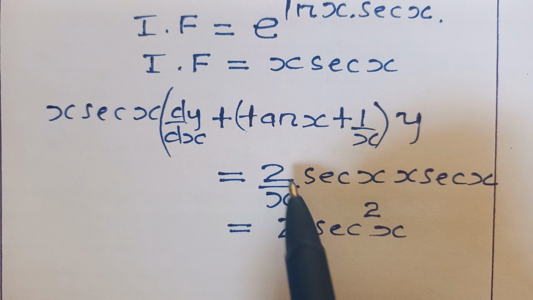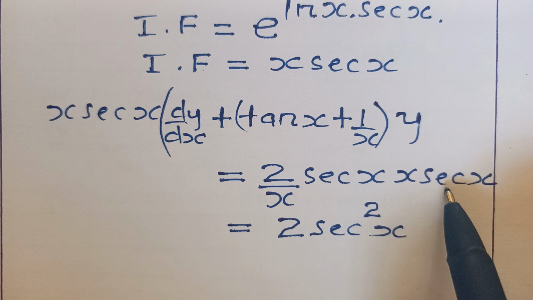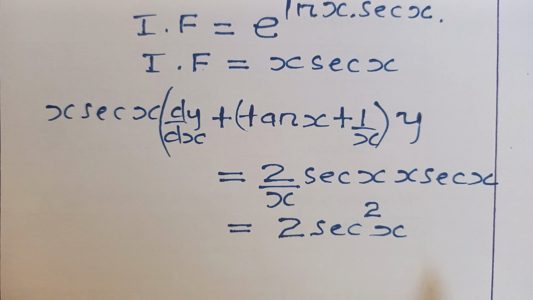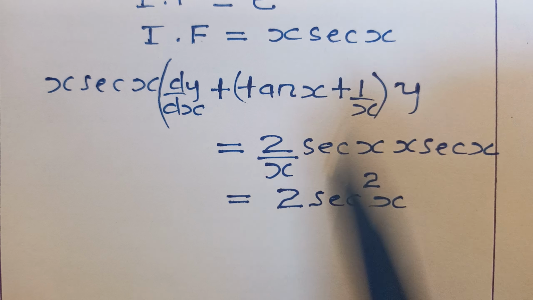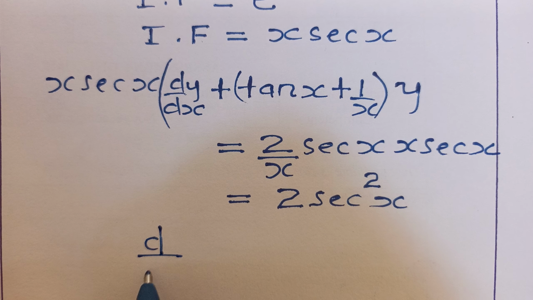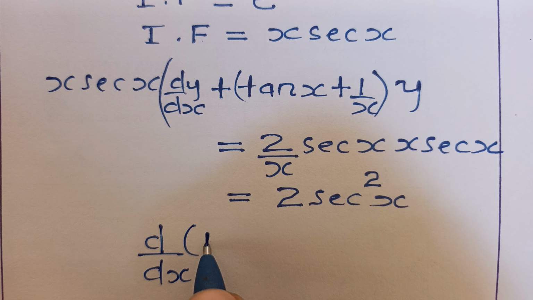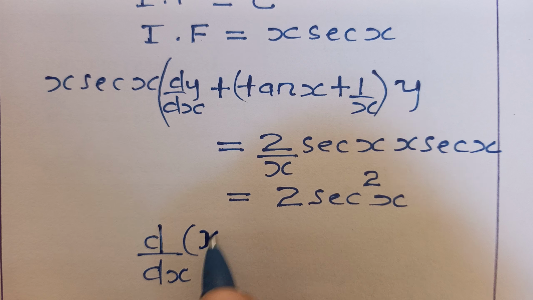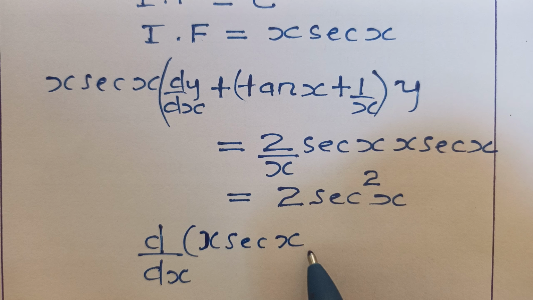We had 2 over x sec x, and now we multiply by x sec x. This is the side that is very important, because for the other side, having the integrating factor, we shall say d over dx of the integrating factor, which is now x sec x y.